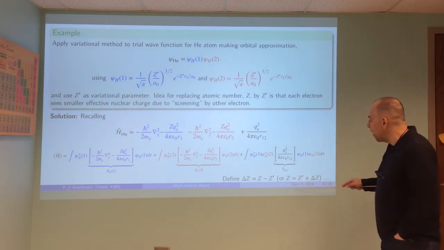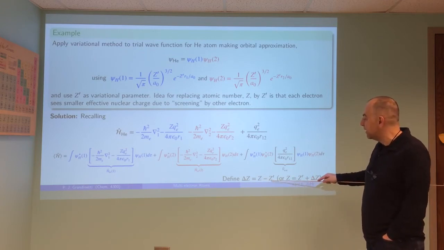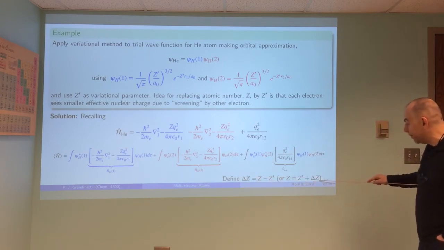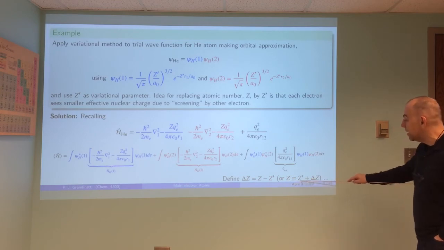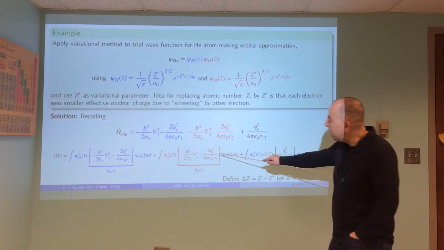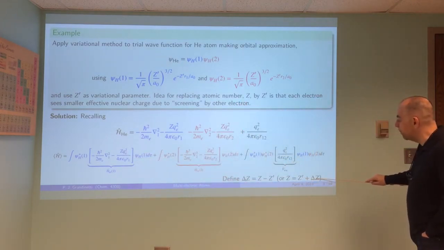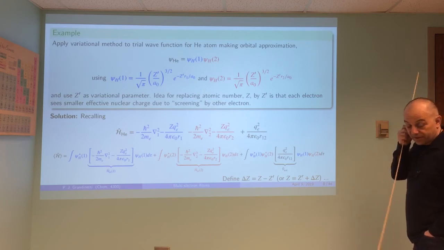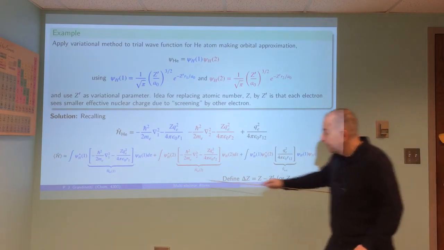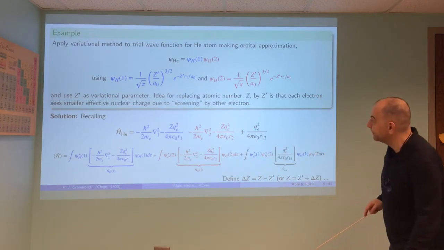So I'm going to rewrite the problem. I'm going to look at delta z, the difference between z and z prime. I'll rewrite it so that z is equal to z prime plus delta z, and substitute out this z and this z for z prime plus delta z. That's going to make this term split into 2 and this term split into 2.